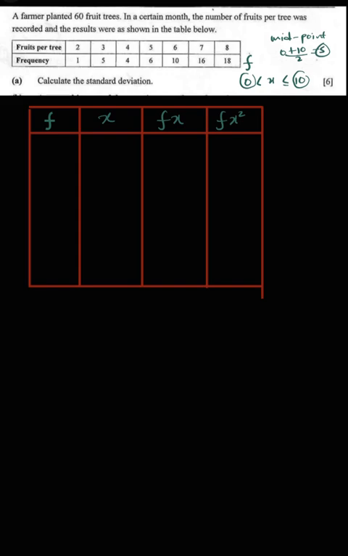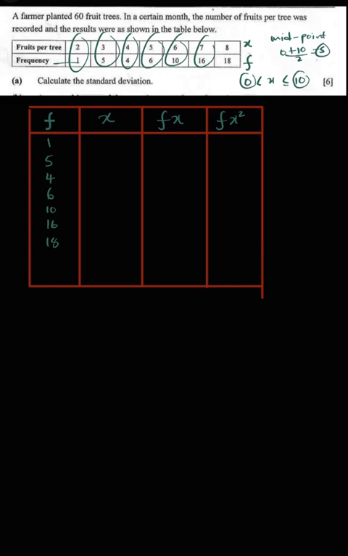For f we can see the frequencies here. So we have 1, 5, 4, 6, 10, 16, and 18. Then the values of x: for each value of frequency you need to assign it to a corresponding value of x. So these are together like that.